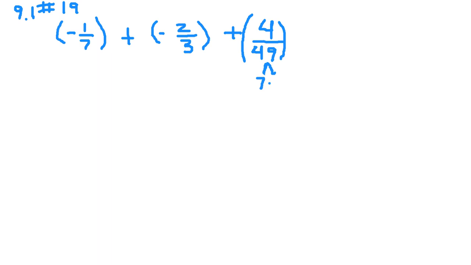So this tells me in my least common multiple, I'm going to need to have two 7s and I need a 3. And this here, there's one 7, but that's already taken care of in the two 7s. So our least common multiple, that new denominator, has to have a 7 times 7, and it has to be times 3 as well.